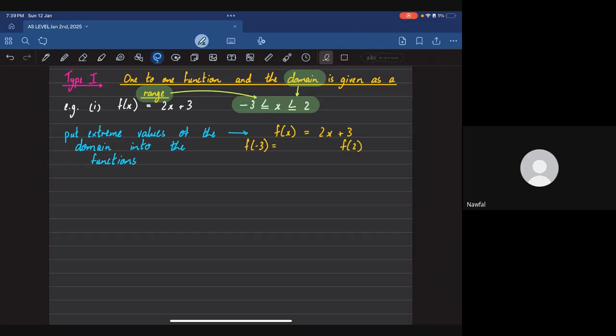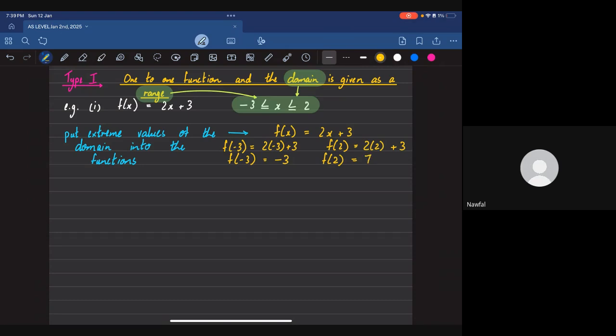Putting my extreme values into my function, that is going to give me 2 times minus 3 plus 3, and f of 2 is going to be 2 times 2 plus 3. So f of minus 3 is going to be equal to minus 3, and f of 2 is going to be equal to plus 7.